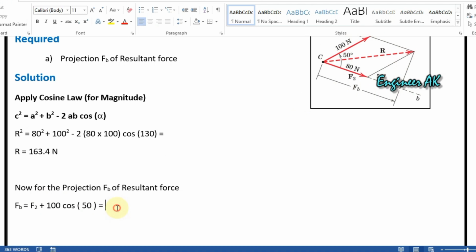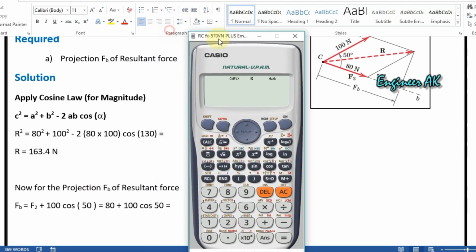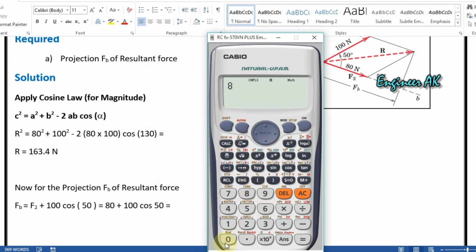So if I plug in the values, F2 is 80 plus 100 cos of 50.